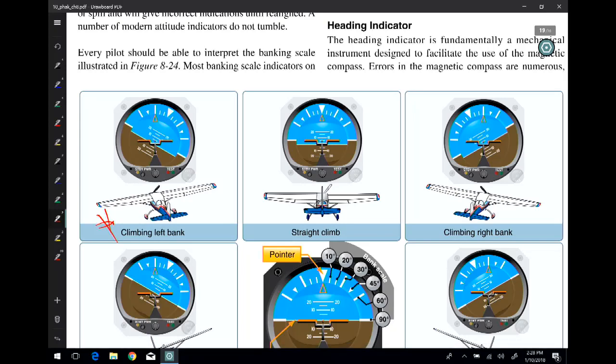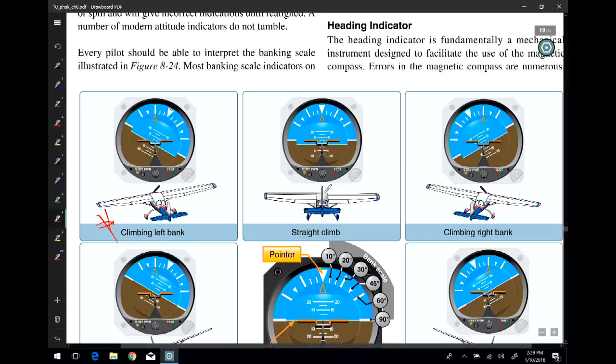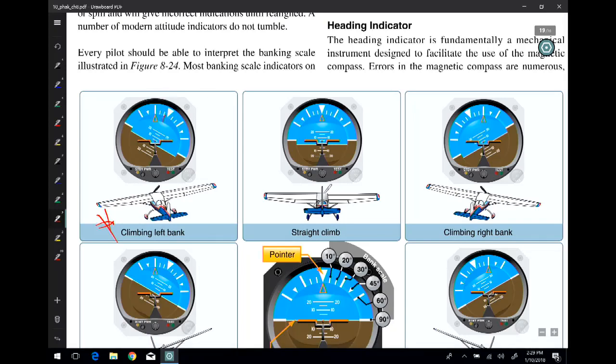What bank angle is this airplane attempting to bank at? Okay, so remember, that's 0, 10, 20, 30. So he's making a 30-degree bank in a climbing left bank. Notice I didn't say turn, because again, the attitude indicator does not give you turn information, just bank information, right?